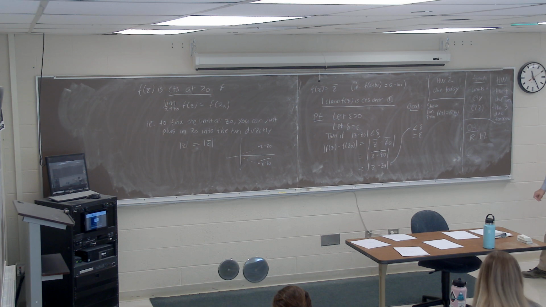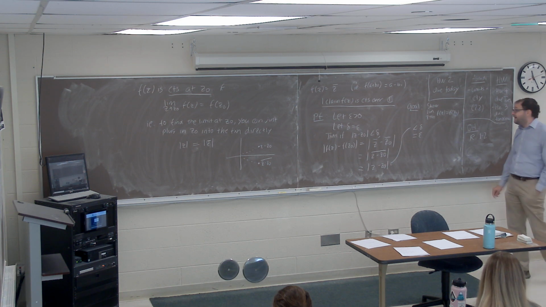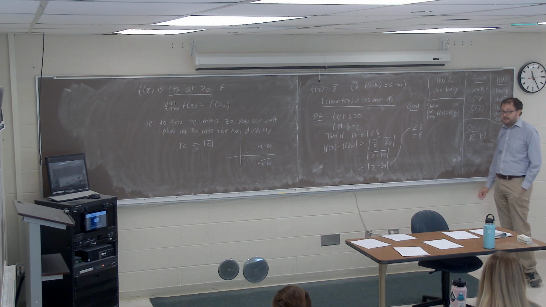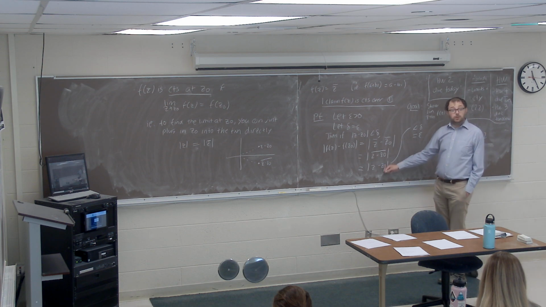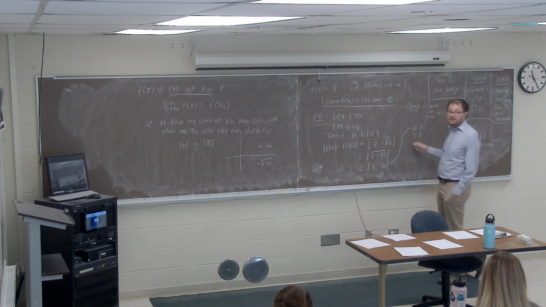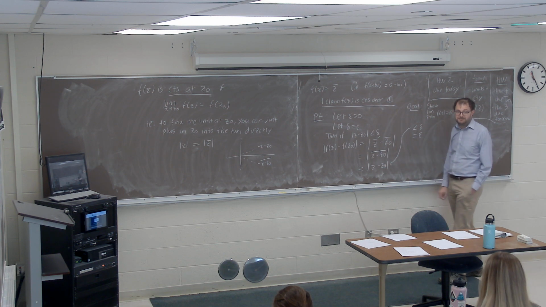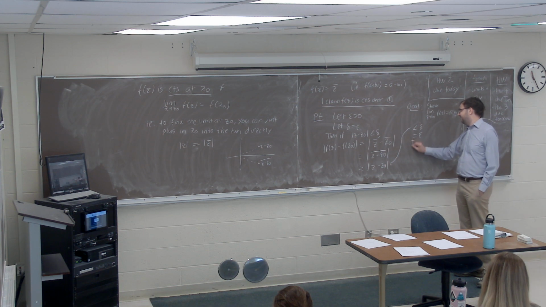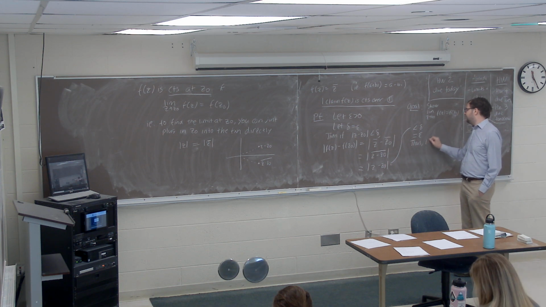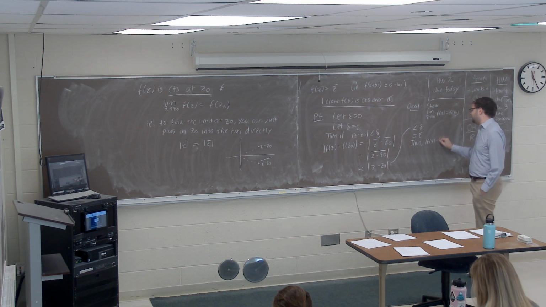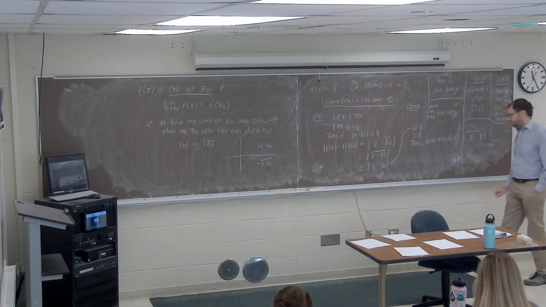So Katrine, absolute value of f of z minus f of z naught is equal to thing is equal to thing is equal to thing is less than delta is equal to epsilon. What does that tell us about absolute value of f of z minus f of z naught? Less than epsilon.